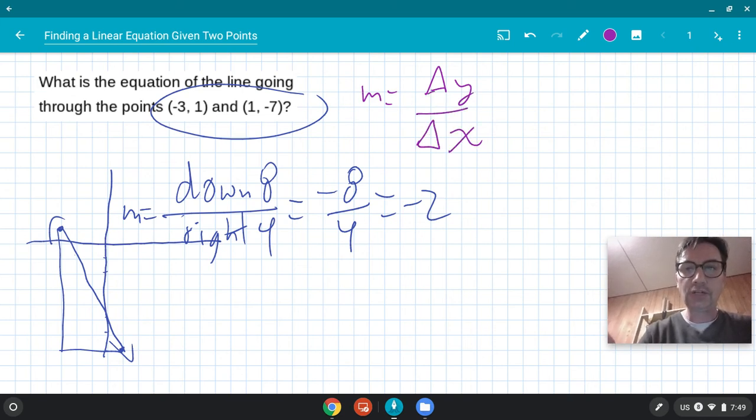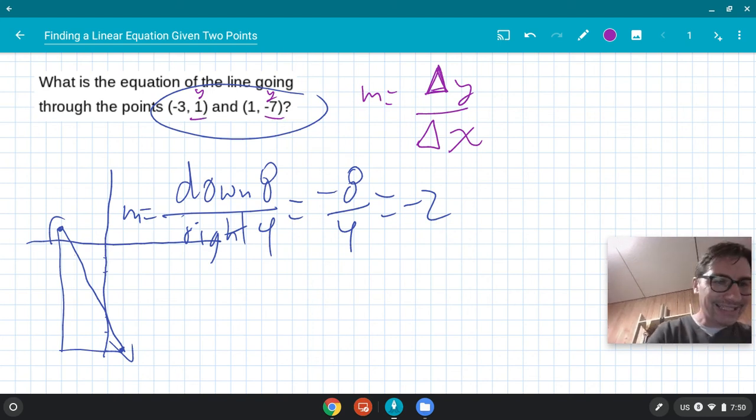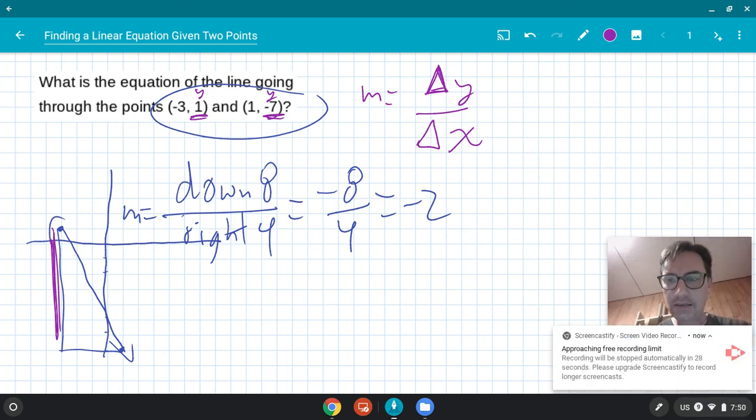Sometimes we use a triangle, a delta, for change. Okay, so if you look at these two y values, 1 and -7, what we want is this distance, right? We know it's down 8 because we look at the graph. But if you look at these two numbers, do you see that it's down 8? From 1 to -7 is down 8.